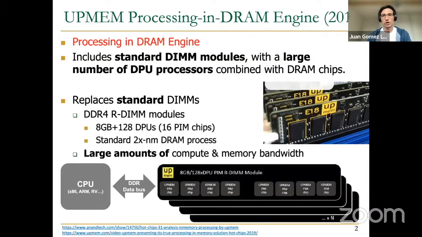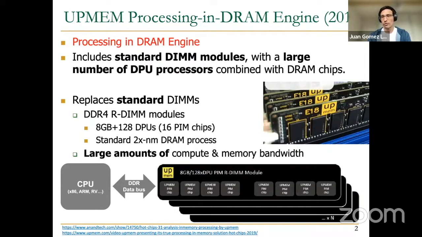But before we talk about the details of the AiM architecture, let me remind you of the two architectures that we covered so far. The first one was UPMEM, which was, by the way, the first architecture to be commercially available, in 2019.